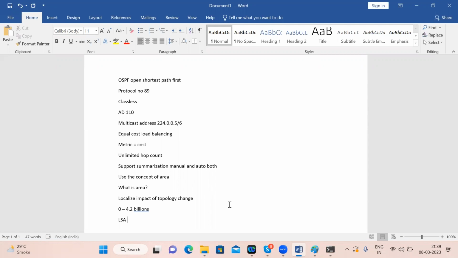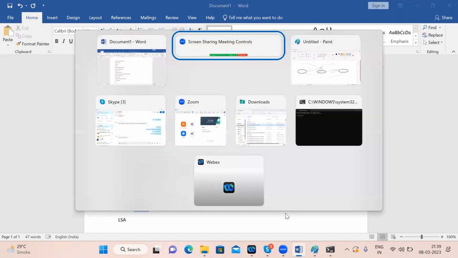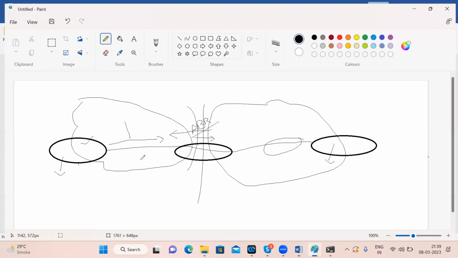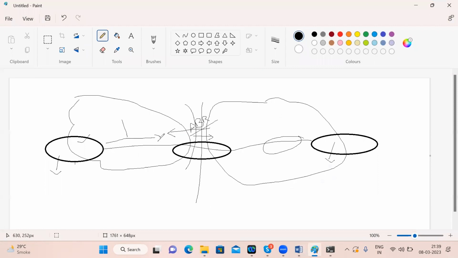Secondly, the regular area. A regular area is the area which exchanges its information within an area. For example, these two are regular areas. One is known as area 1 and the second one is area 2. Area 1 is a regular area. Similarly, area 2 is also a regular area.